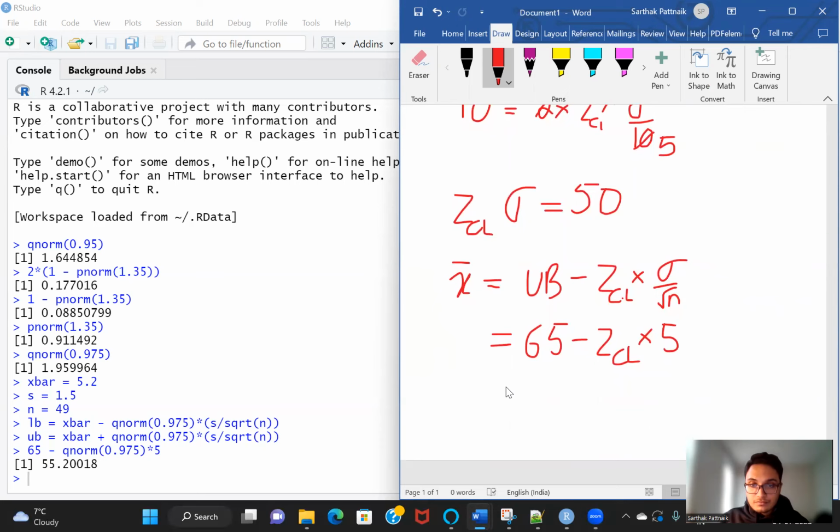So actually the value will be 65 minus z critical sigma is 50, and this is 10. This value will be 60.